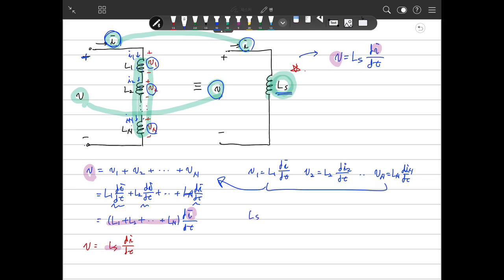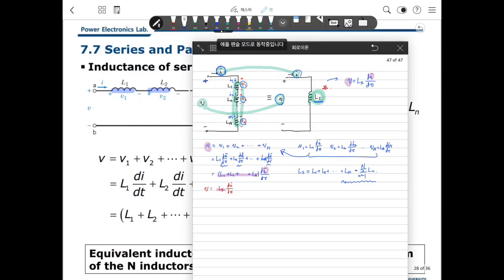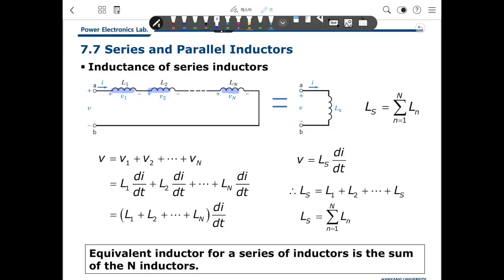So we get the result: Ls is L1 plus L2 plus Ln, the sum from 1 to n. Our conclusion is that the equivalent inductor for series inductors is the sum of the n inductors. We need to add them, like resistors.